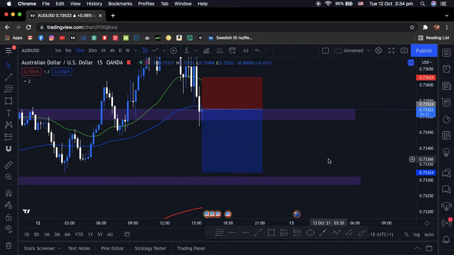That's a 1-to-2 risk reward ratio, and this is an absolutely perfect trade for me that I would absolutely take, and I'm going to take it as we speak right now, to be honest. I'm going to put my stop loss just above for 10 pips, which is right there.